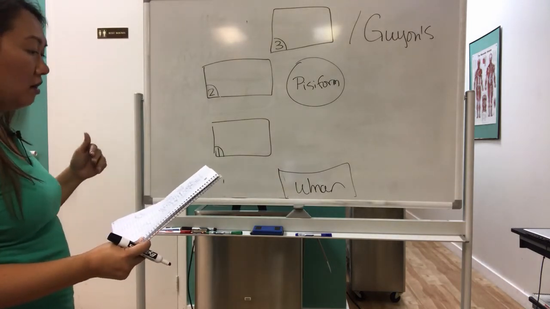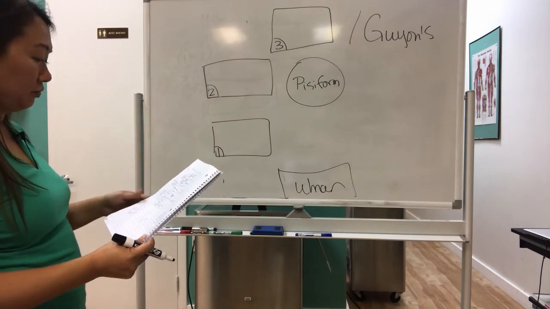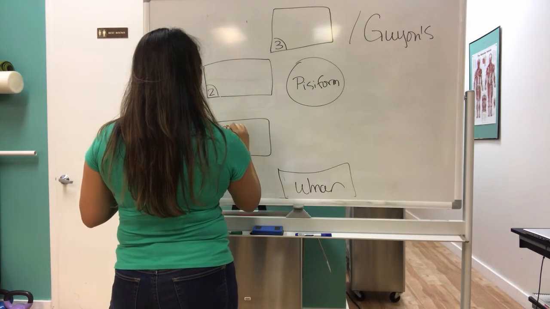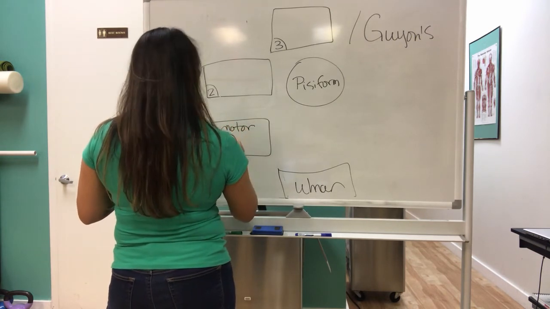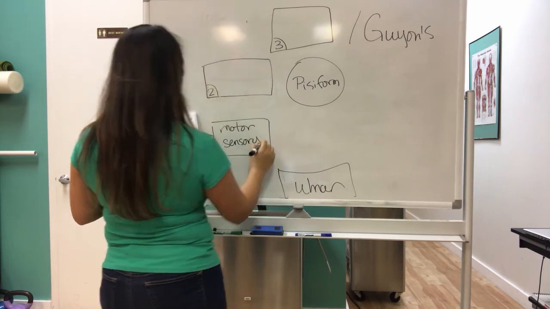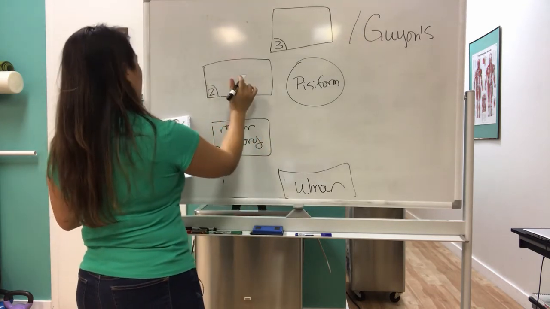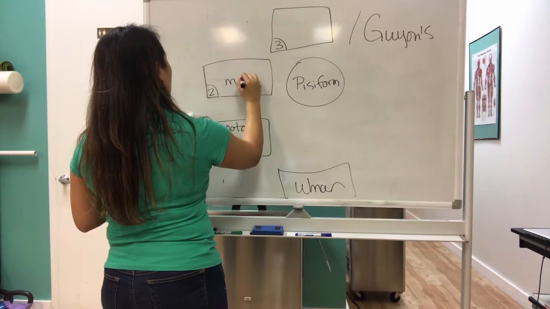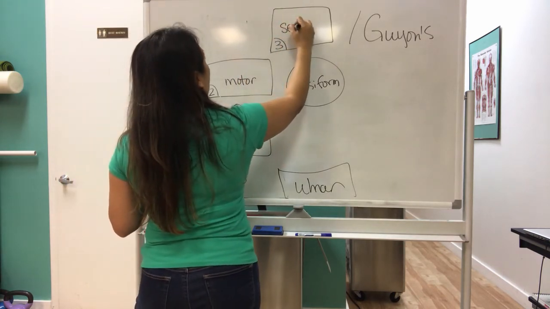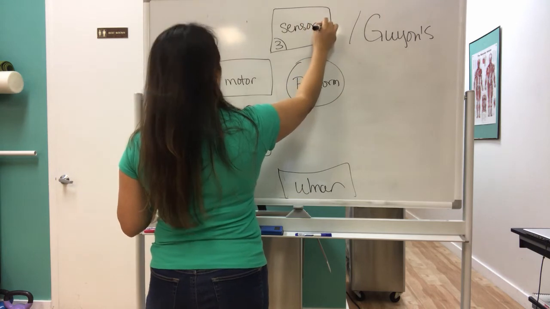So the ulnar nerve passes through here, and in zone 1 is a motor and sensory branch. In zone 2, it's only motor. And in zone 3, it's only sensory.